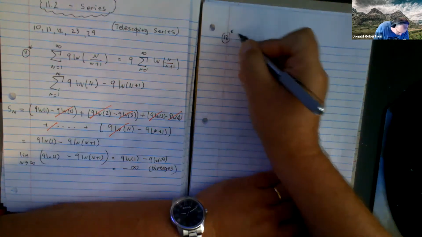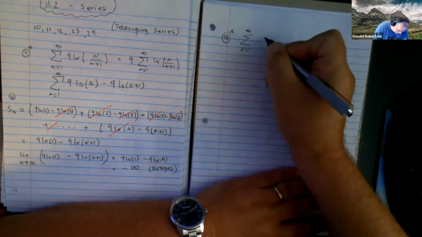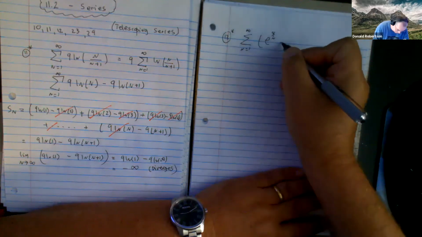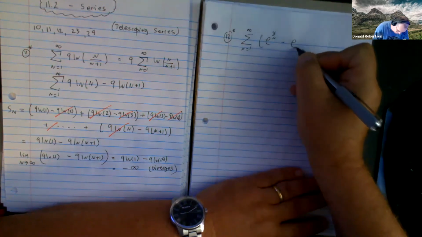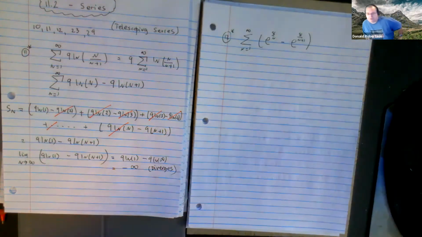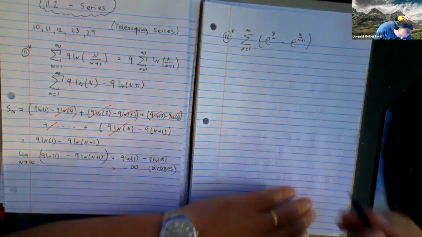Okay, let's look at another one. It's a version of question 12. Now, this one is good because this one is 2 guys subtracted, exactly what a telescoping series should look like. And let's see what we get.